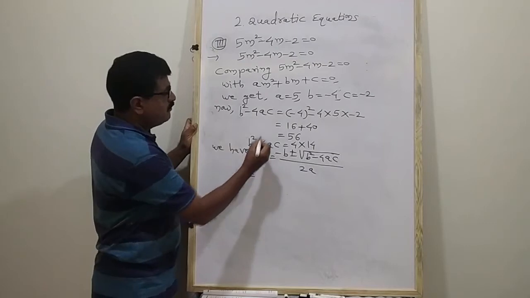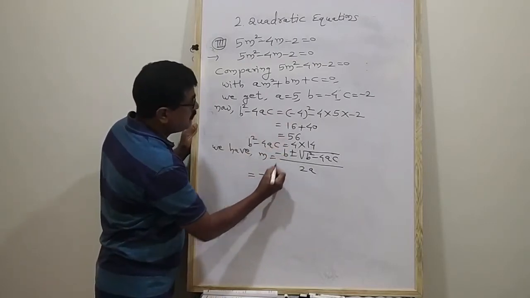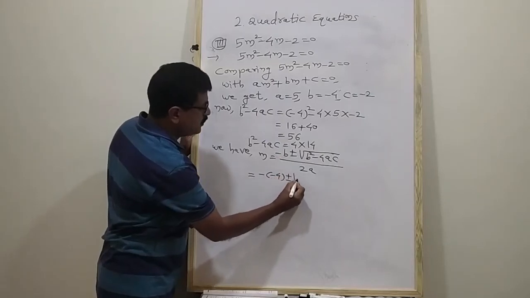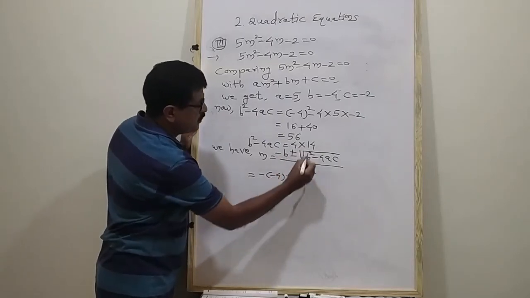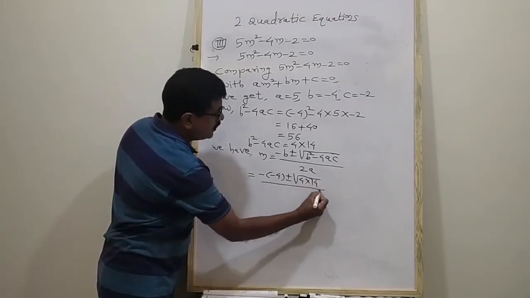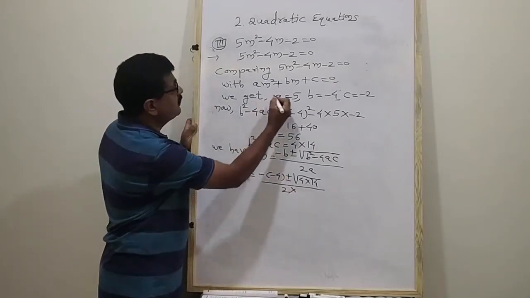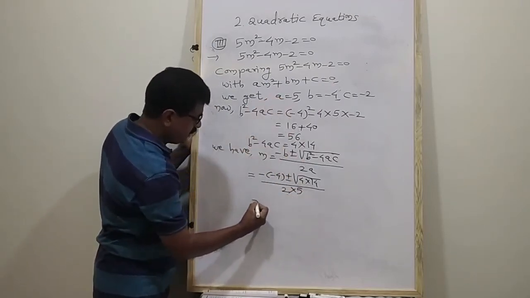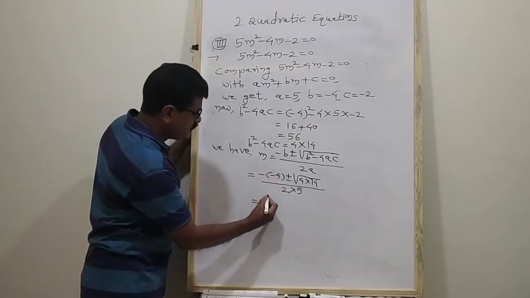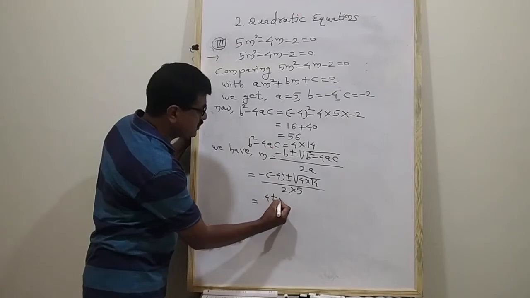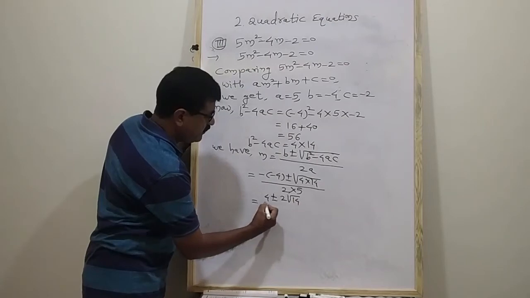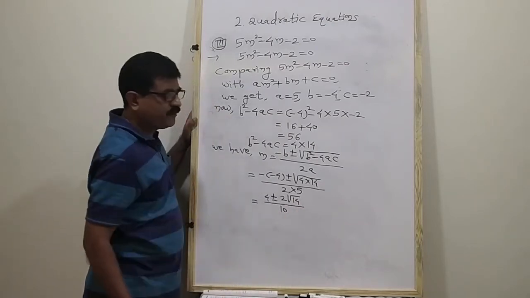Now put values, minus b, that is minus of b, value of b is minus 4, plus or minus square root of b square minus 4ac is 4 into 14, divided by 2 into value of a is 5, is equal to. Now taking multiplication, minus of minus plus 4 plus or minus square root of 4 is 2, square root 14 divided by 2 into 5 is 10.